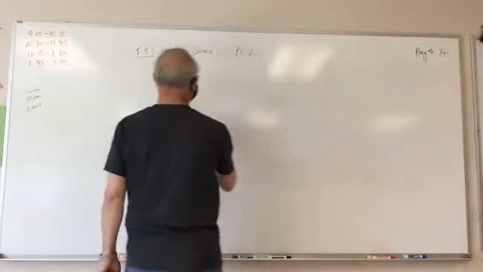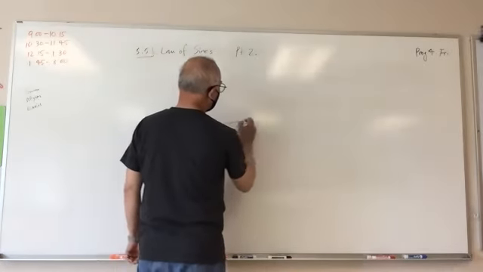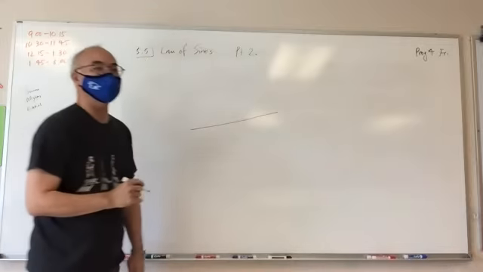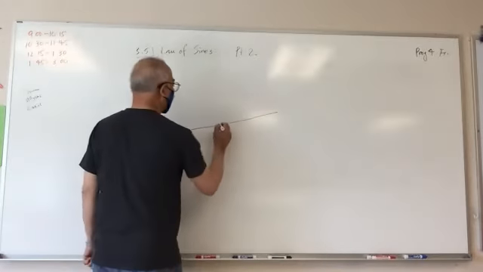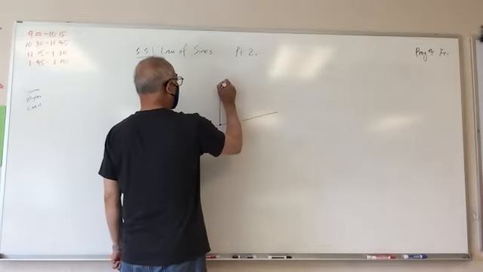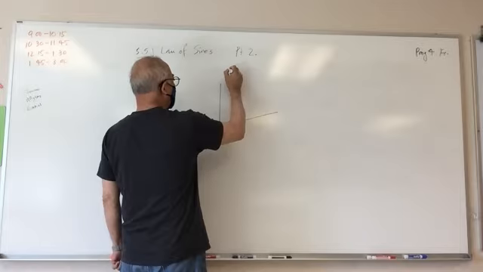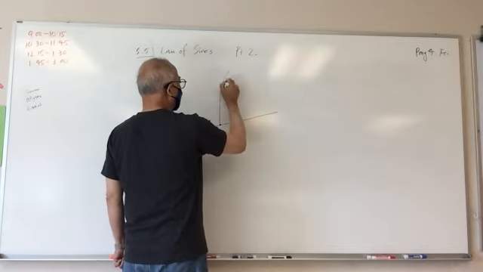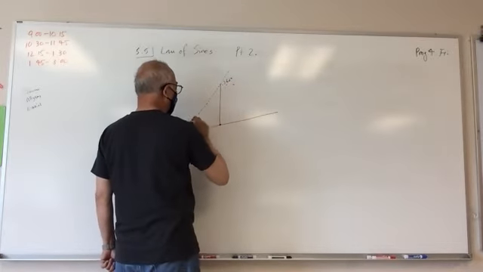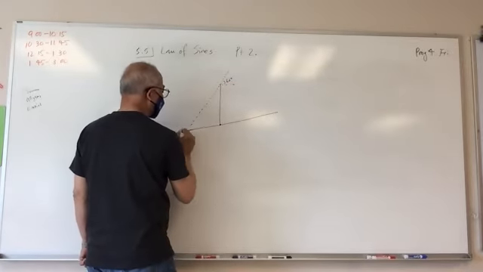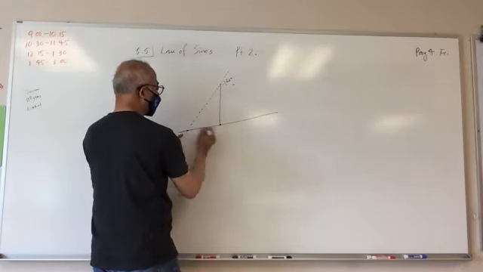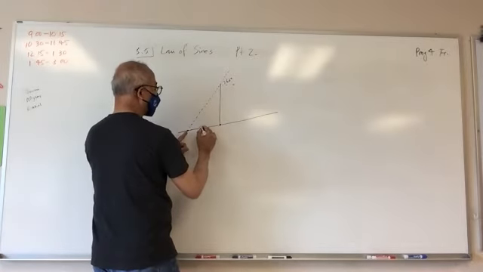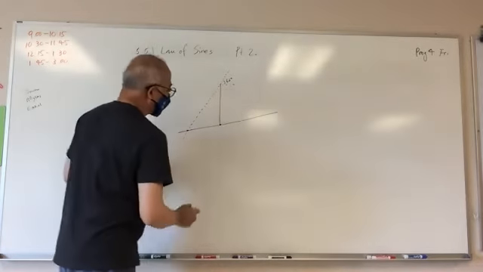So I have a road that is already sloped 10 degrees, and I have a telephone pole with an angle of 62 degrees. And I'm trying to find this length here, from here to here. I'll call this the shadow.